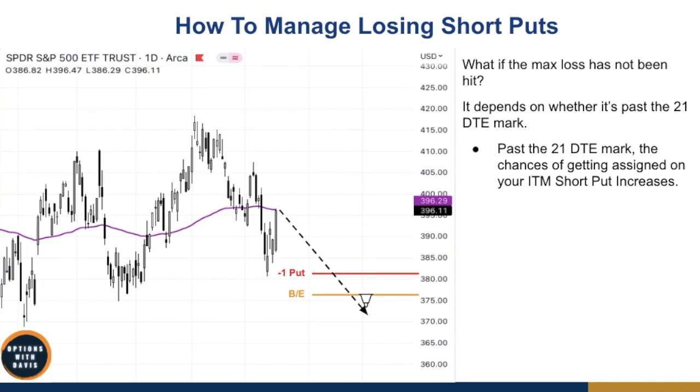And also when there's very little time left in the option, which means it's very close to expiration. That's also the time when there's very little extrinsic value, because when the option reaches expiration, all extrinsic value will go to zero. So this is what you need to take note of. By managing at the 21 days to expiration mark, you will ensure that there is sufficient extrinsic value that the put option buyer will not want to exercise.